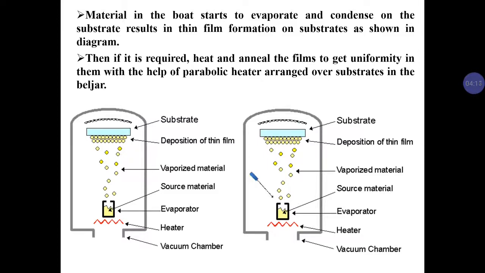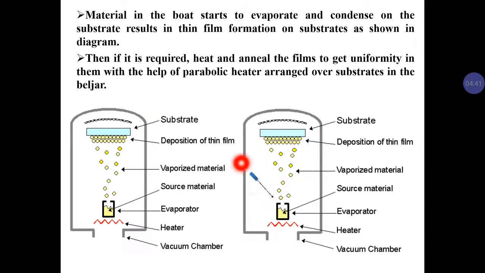And here two different diagrams are given. In this one, laser ablation is not used, and only the filament winding is used to heat it, or the electrode heating is done. In certain materials, we cannot use only the filament winding or the electrodes.